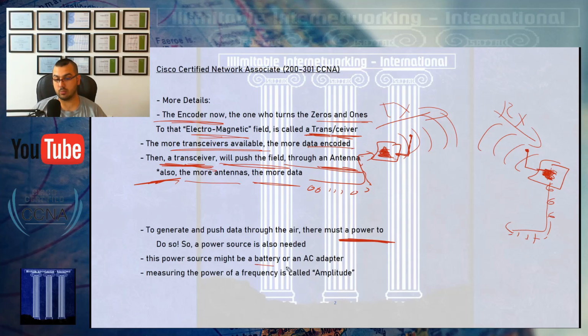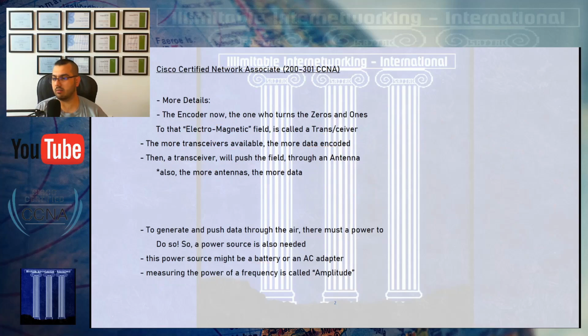So it's either a battery or an AC adapter. Measuring the power of a frequency is called amplitude. Amplitude is like measuring how much power this frequency traveling in the air consumes. This is just to know the definition of amplitude, not to dive into.